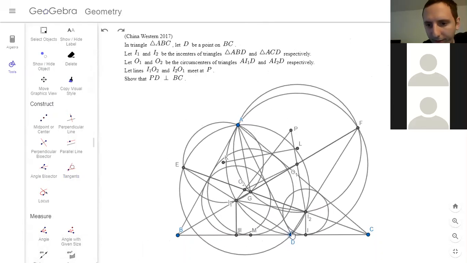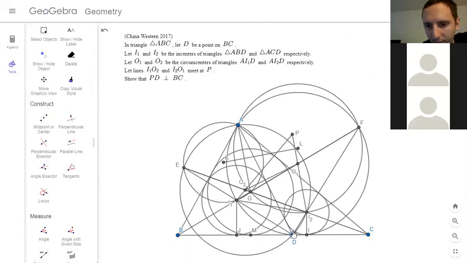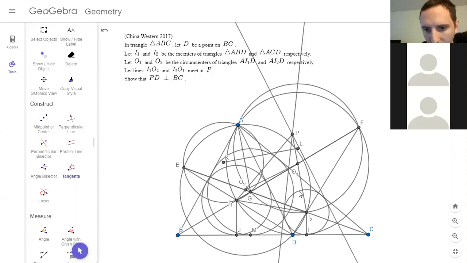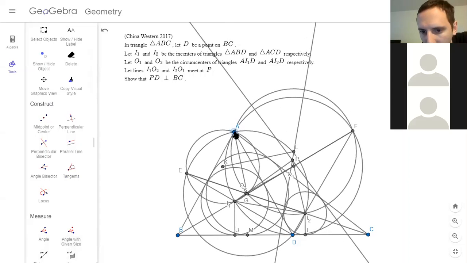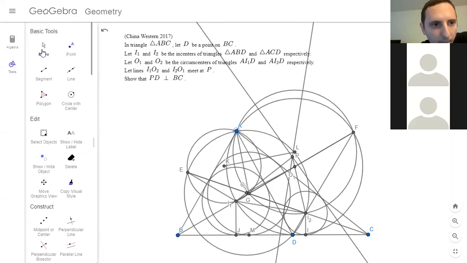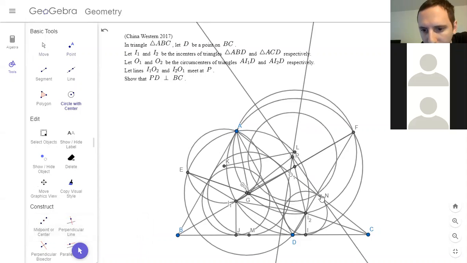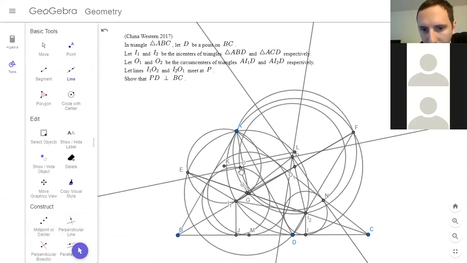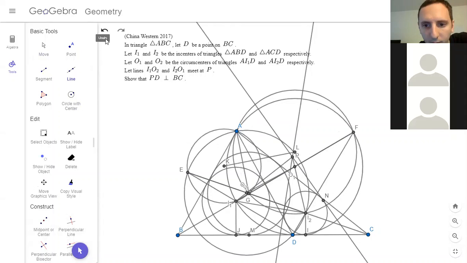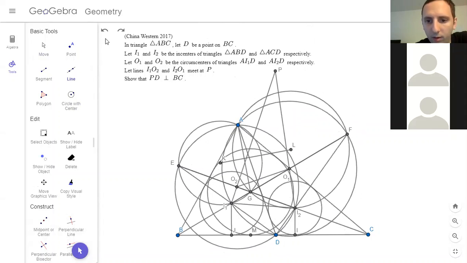I really want to see if P lies on the radical axis of those circles. It's just hard to draw it. I don't think so. No, it's not true. Okay.